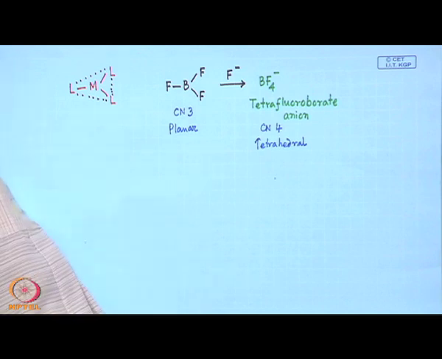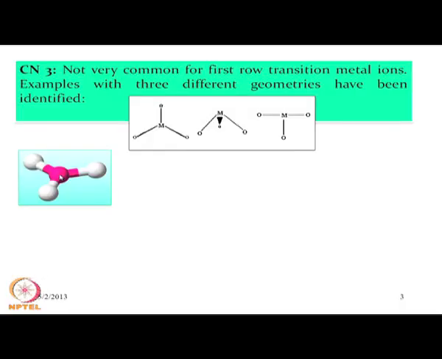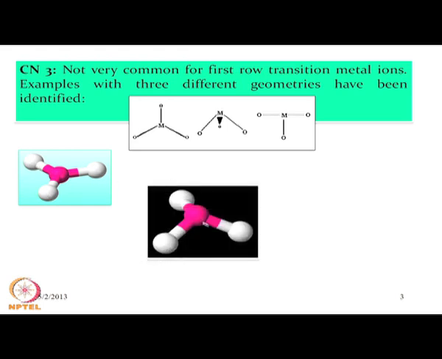Similarly, if this center is occupied by the metal, we can have 3 ligands at 3 different positions. Similarly, you can have the corresponding pyramidal geometry.